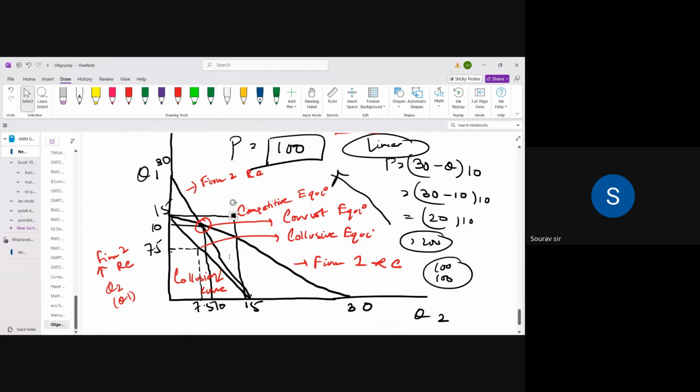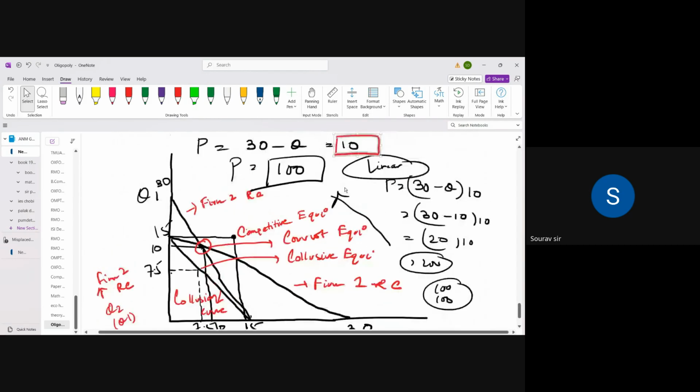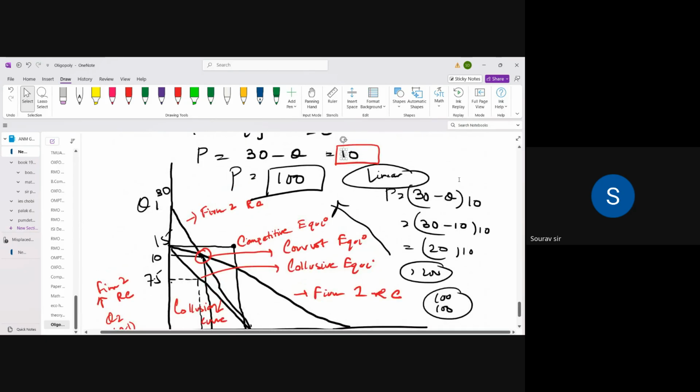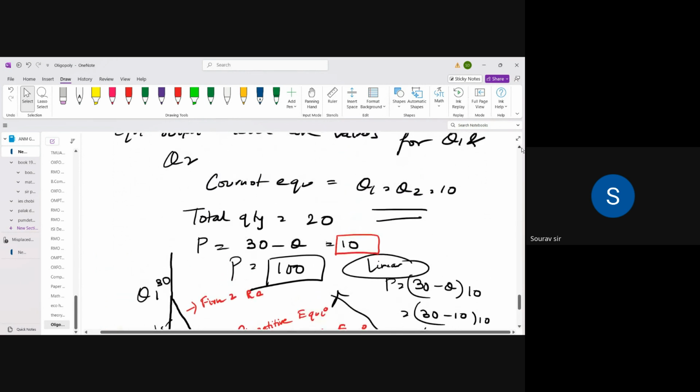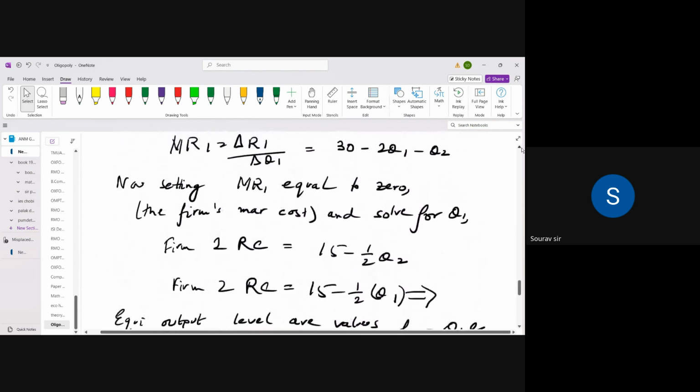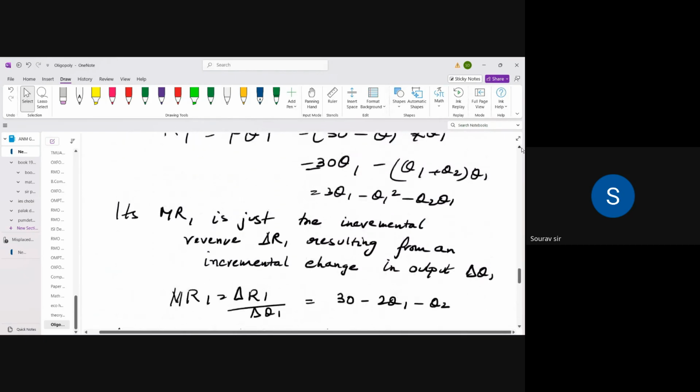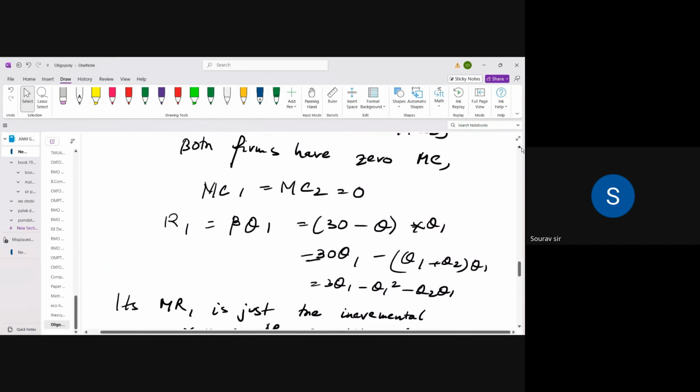Because in the last example, I have taken 30 minus Q. So 30 is the main thing.